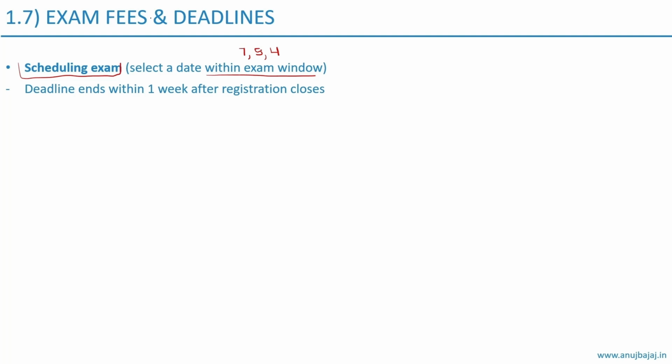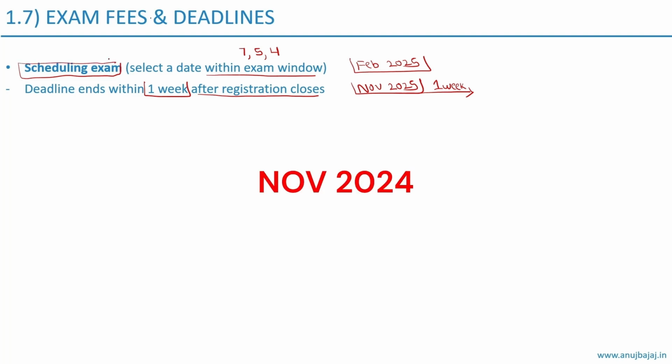The deadline for scheduling your exam ends within 1 week after the registration closes. So if you want to appear for the February 2025 exam, the registration closes in November 2024. So within 1 week of the closing of registration, you are required to schedule your exam.